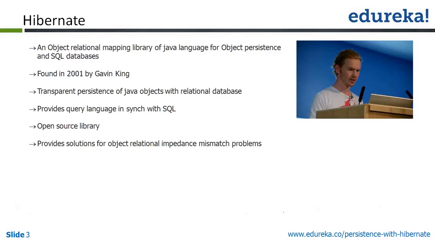Okay, so basically prior to Hibernate it was all JDBC, right? So how do we use JDBC? There is no relation between a database table and a Java program or Java world, right? So Hibernate tried to close that gap between a database table and a Java class, right?